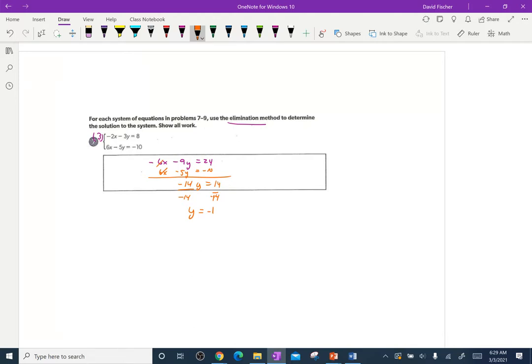So we're going to plug that negative 1 in. It doesn't matter which equation you plug it into. Let's plug it into the first one. Whoops, we solved for the y, didn't we? So minus 2x minus 3 times minus 1 equals 8.